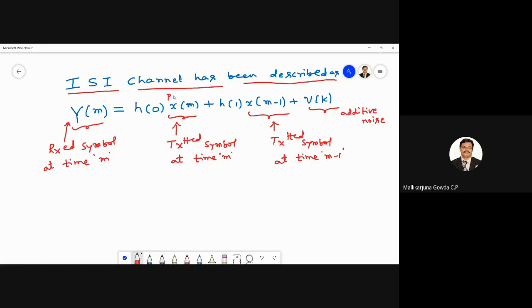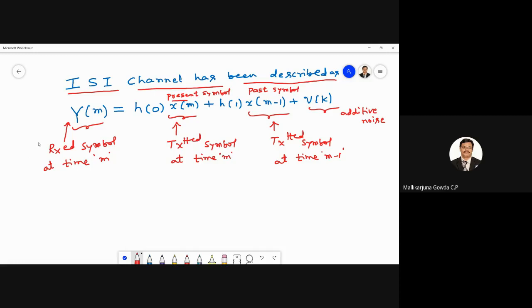X of M is the present symbol, and this X of M minus 1 is the past symbol. Fine.